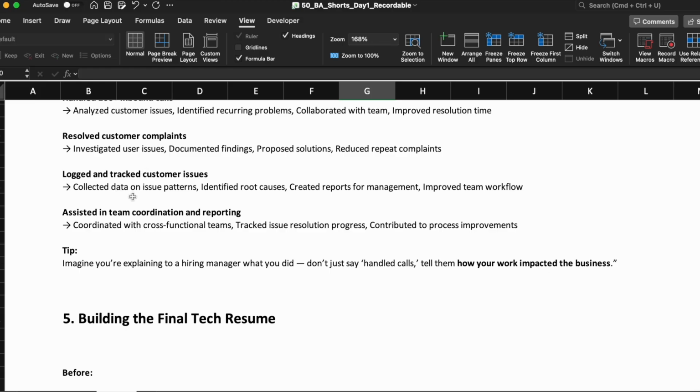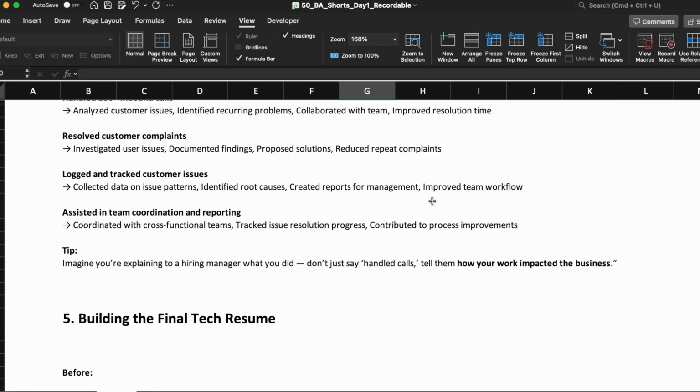So we use the word data on issue patterns, identify the root causes, how you close the ticket. We convert it to identify root causes, create a report for management, improve teamwork. How nice is this one. If I am the recruiter, I will never reject this resume.